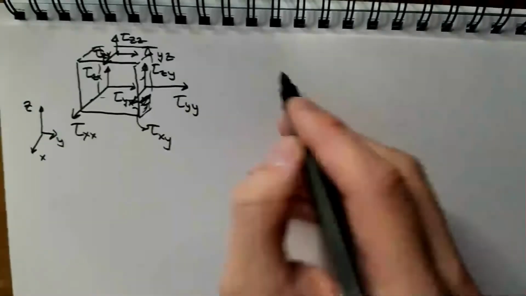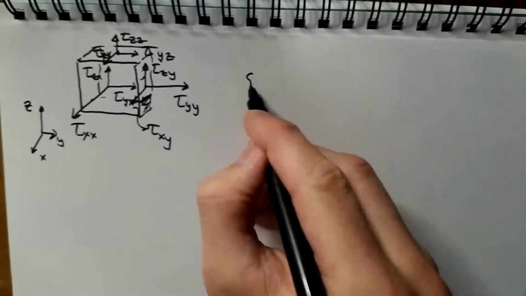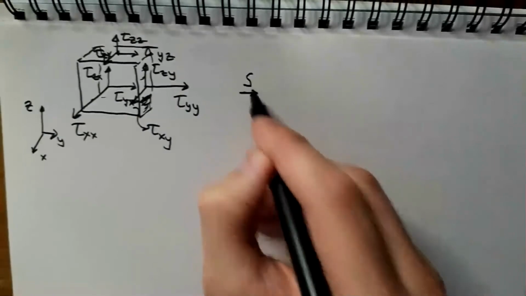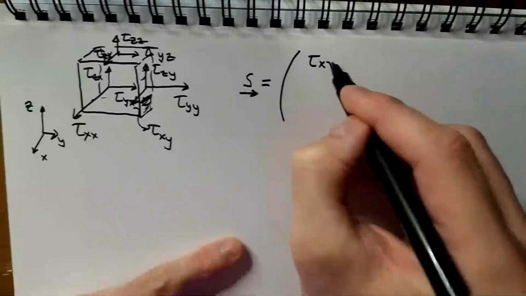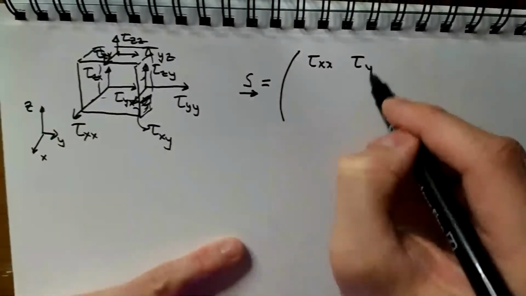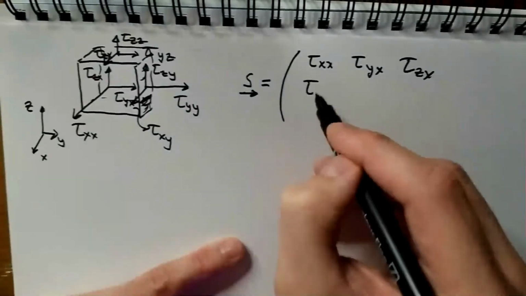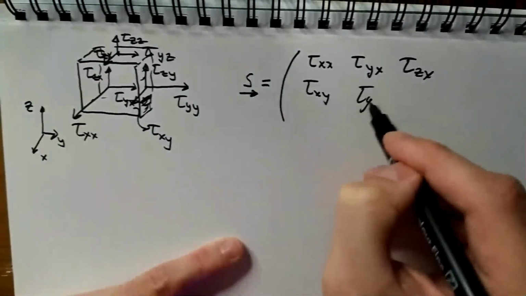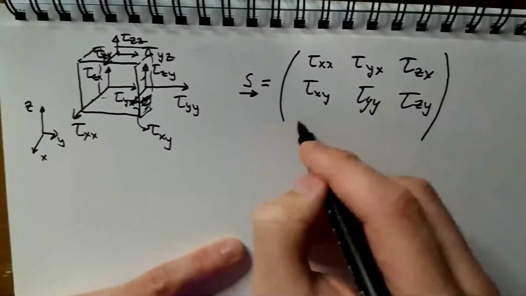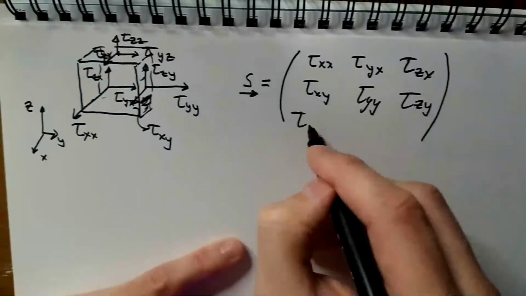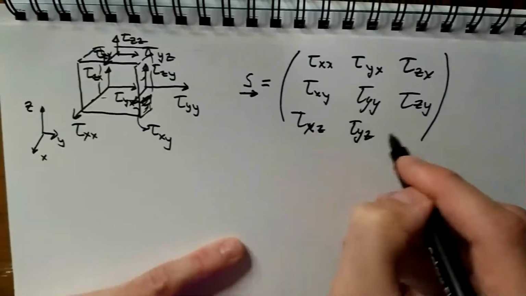And we represent all these 9 components of the stresses in terms of tensor S that has the components tau xx, tau yx, tau zx, tau xy, tau yy, tau zy, tau xz, tau yz, and tau zz.